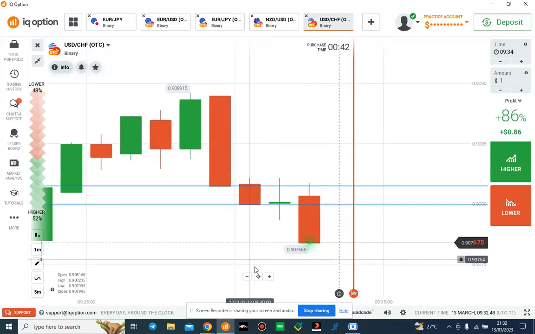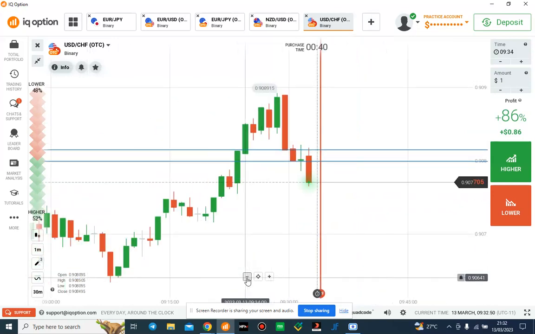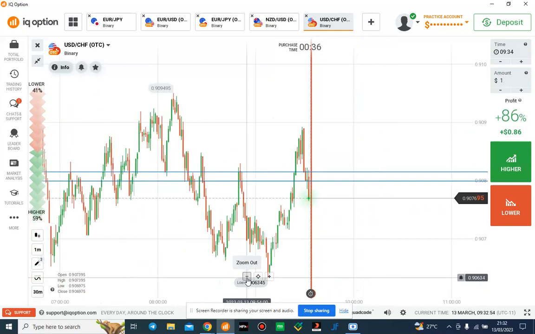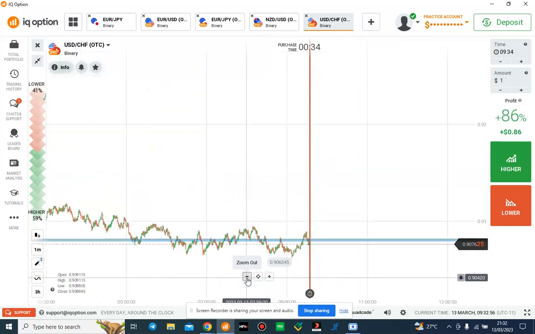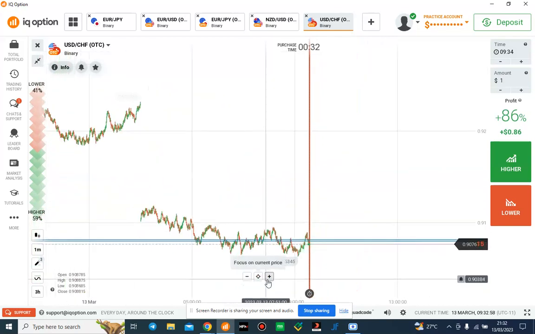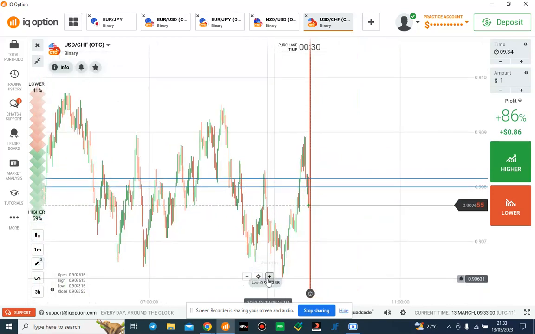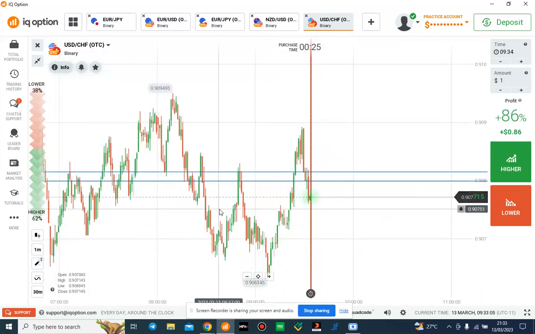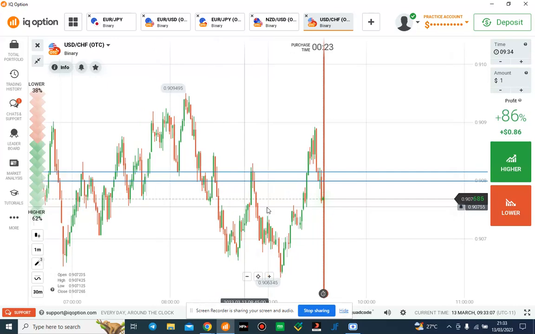Okay, so let's see. Okay, as the candle is going down, let's check if we can intercept the movement. Okay, I think there's no opportunity.